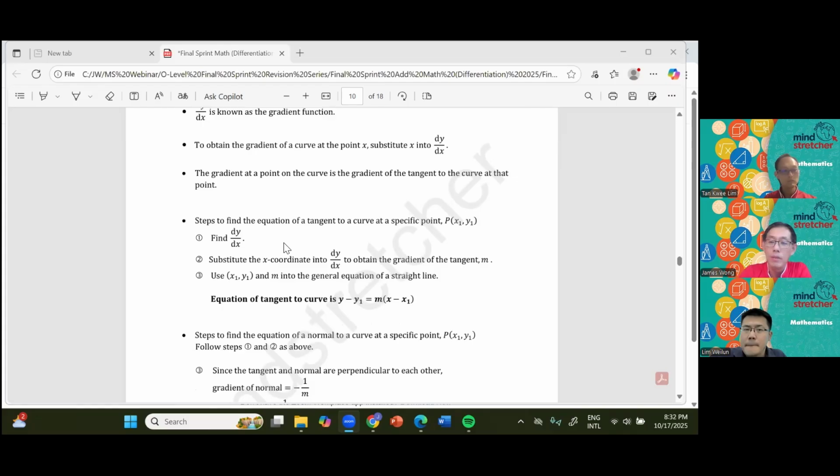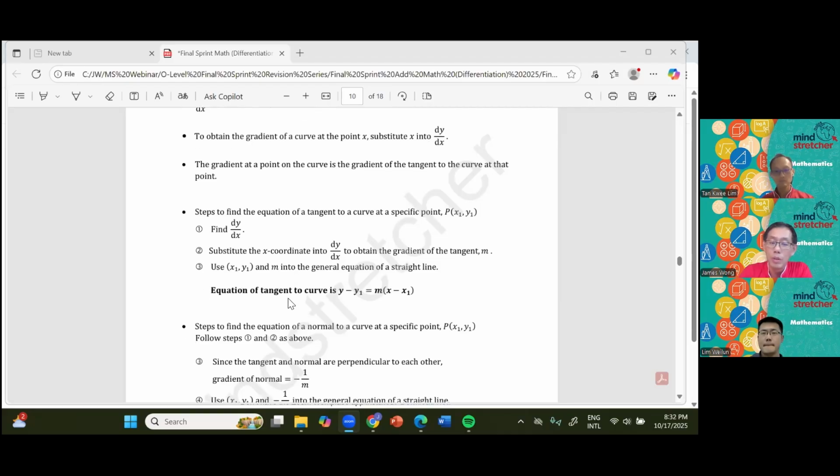Given that dy/dx is the general expression for gradient at any point, we simply substitute that point into the expression of dy/dx, and you will know the gradient of the tangent. Then you will be able to find the equation of the tangent, because so long as you have one known coordinate and the gradient, you can find the equation of a straight line.